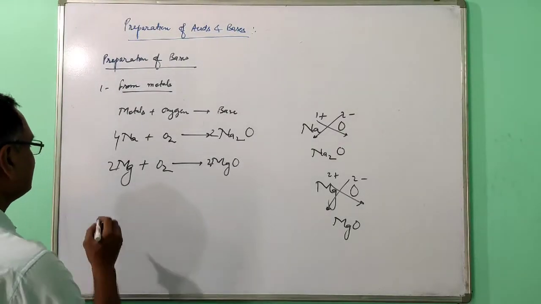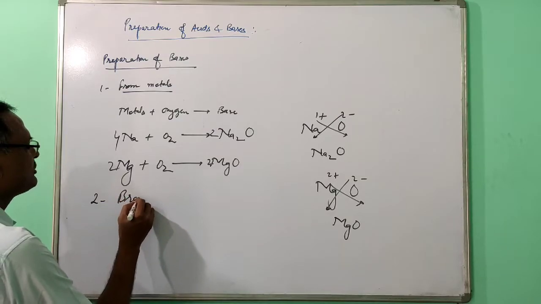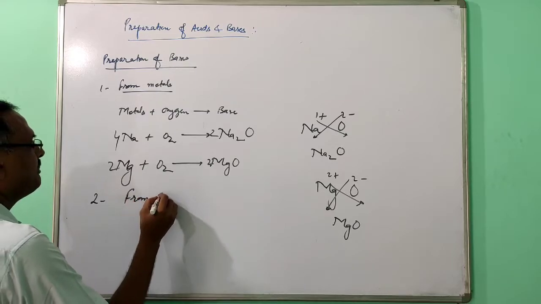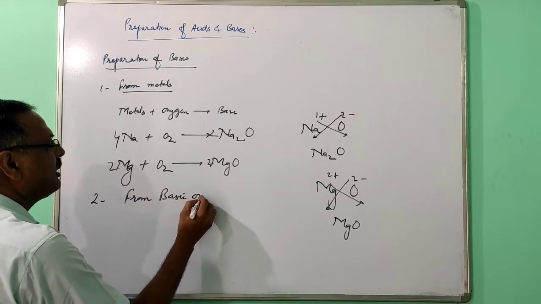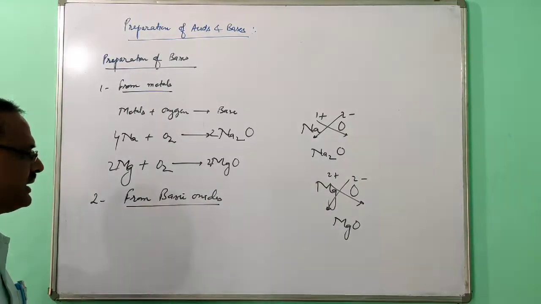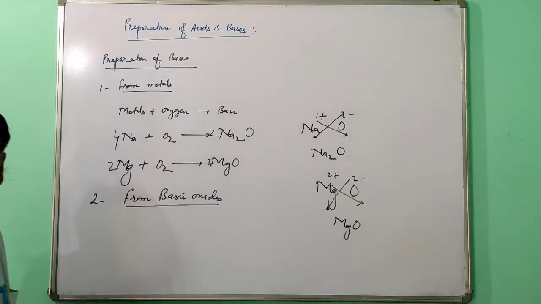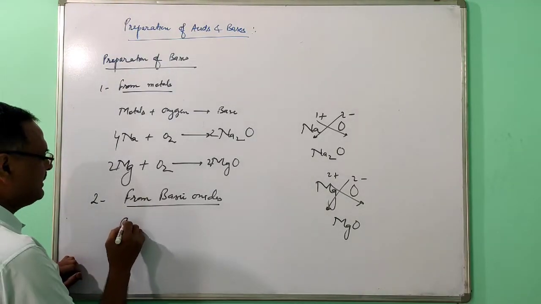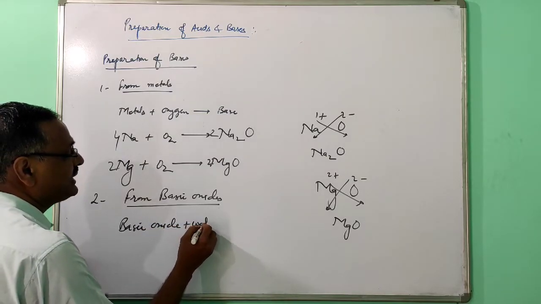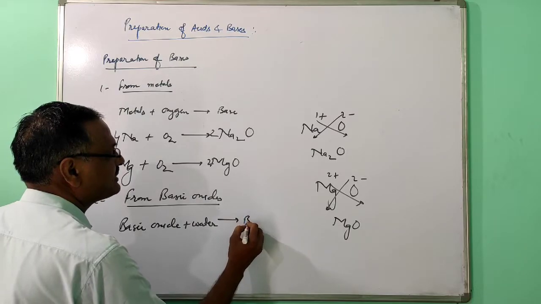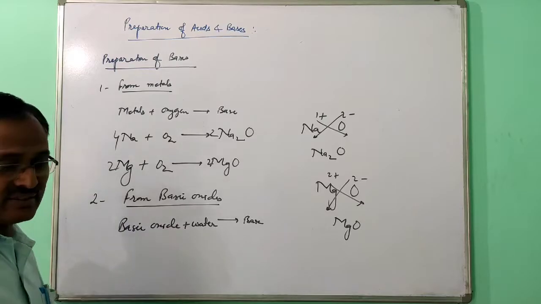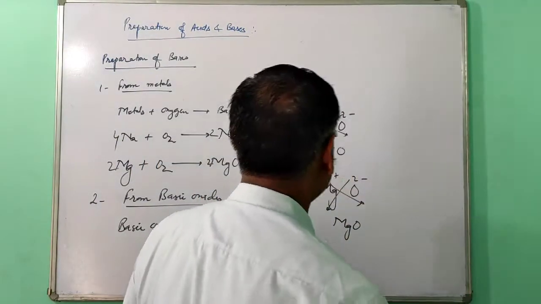Then next one is the second method, from basic oxides. I want to tell you that basic oxide plus water will give base. But if the basic oxide is soluble in water, then only this method is applicable.